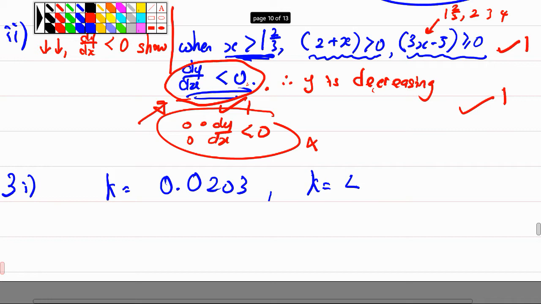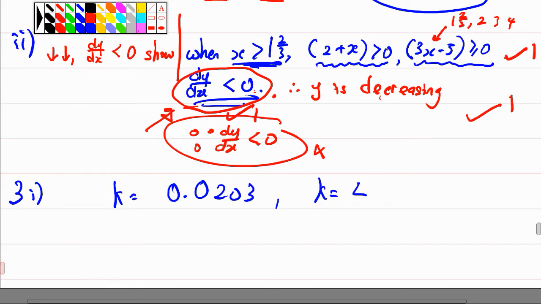Question 3, can I check your answer? K equals negative 0.0203. Who cannot get? Okay, I need to go through the steps. Is there a negative? Positive.